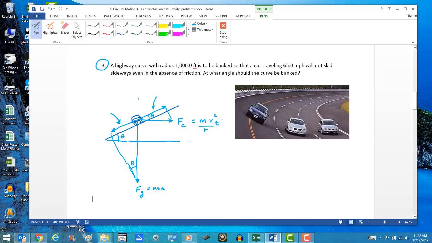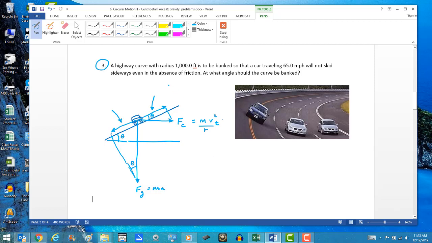So if you can do a little bit of trigonometry and figure out what that force is over there, and figure out algebraically what that force would be over there, and set them equal to each other, you would have the perfect bank on the roadway, because you would have just as much force trying to pull the car down the slope in towards the center of the curve as you have trying to pull it outward, up the slope, in other words.